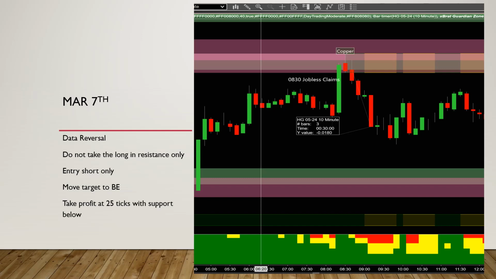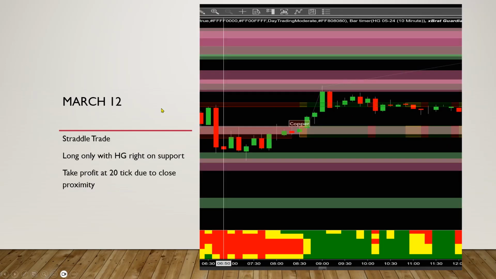Do not take the long in resistance. Entry short only is what he's looking for in that reversal. Move target to break even, take profit at 25 ticks with support below here. Again, he's looking at that average move. He's done his homework, understands the behavior and the average move after jobless claims, and takes the profit.